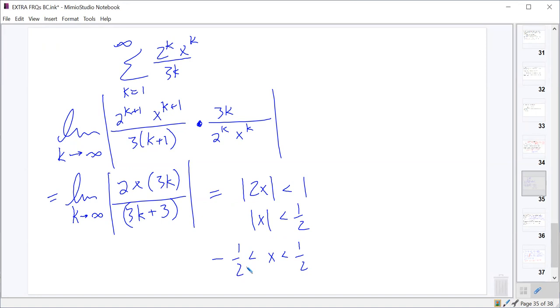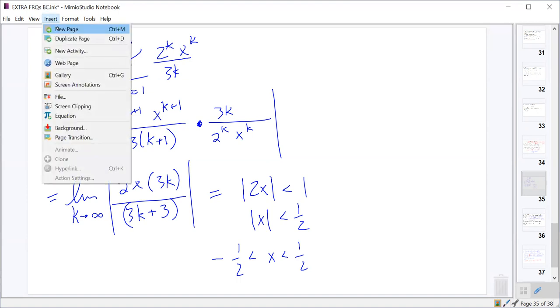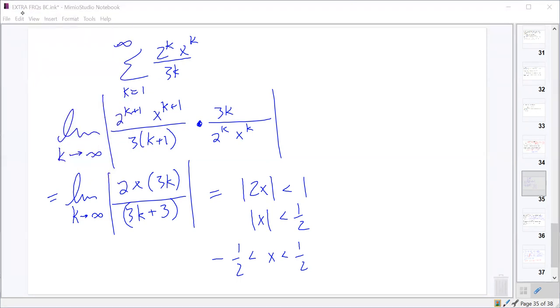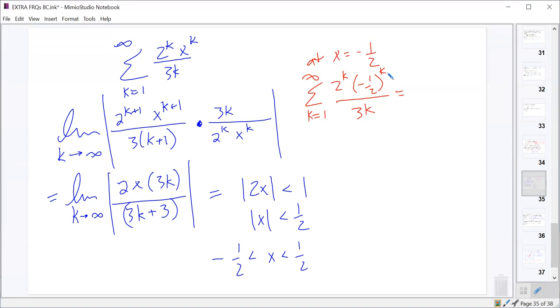But we have to go in and check our endpoints to determine if it actually converges at those endpoints. First, we'll say at x equals -1/2, we are looking at this series, the sum from k equals 1 to infinity of 2 to the k, -1/2 to the k over 3k, which should be, well, 2 to the k and 1/2 to the k.